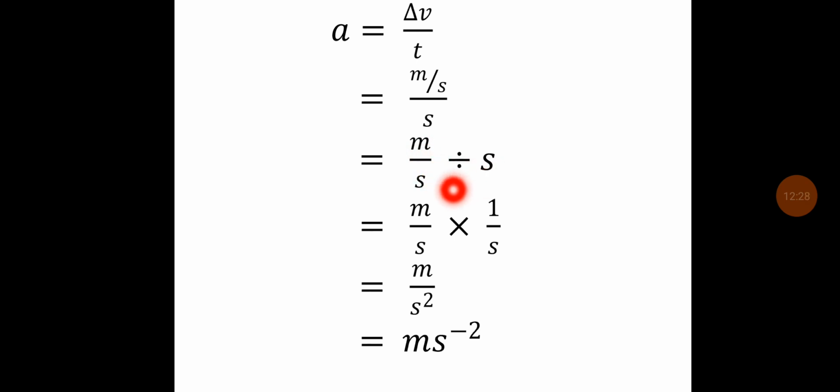According to the rule, divide will convert into multiply and the right hand side value will be inverted. So m into 1 equals m and s into s equals s square. When this s square comes to the numerator, we get m s minus 2 or meter per second square. So the unit for acceleration is meter per second square.